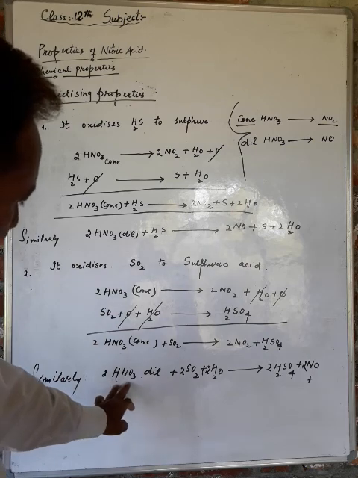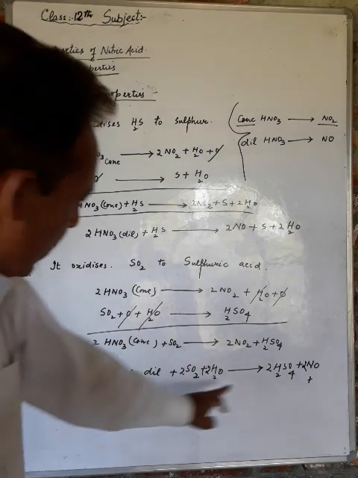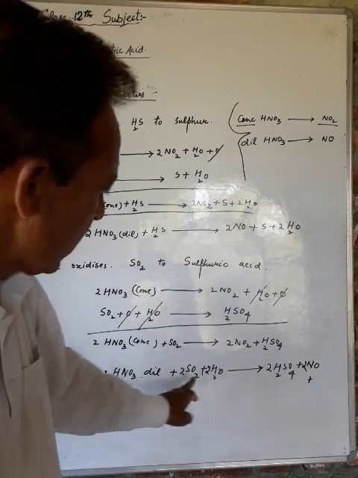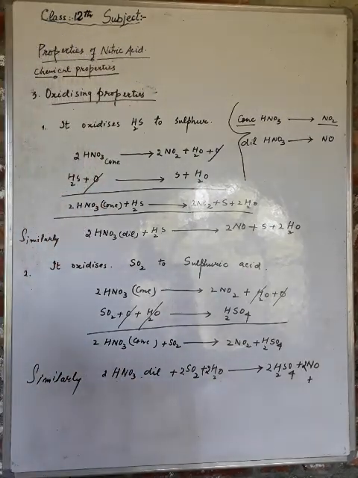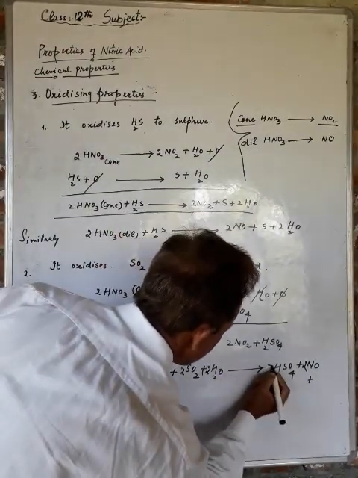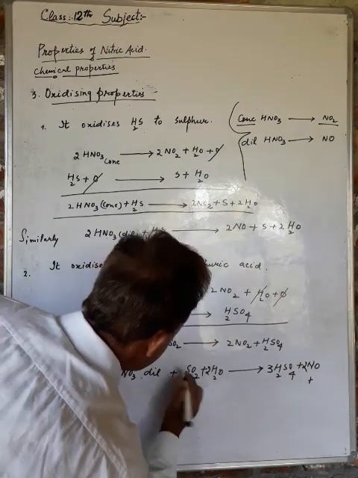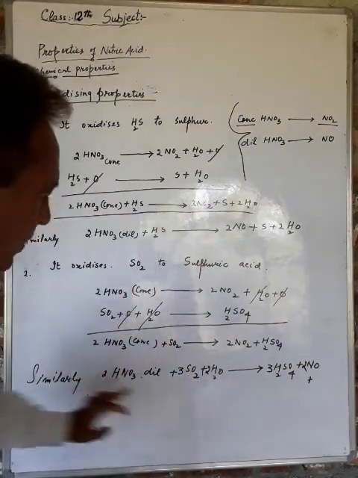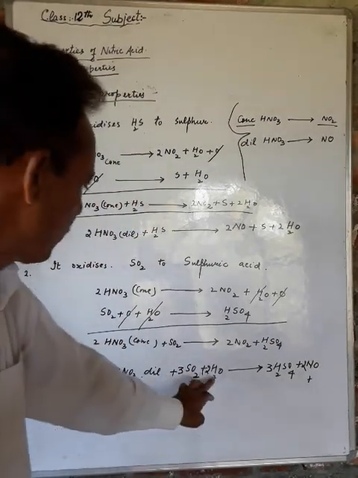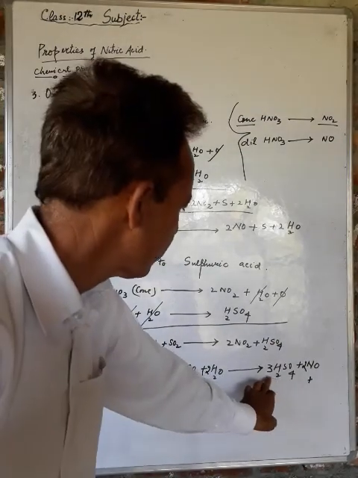Now we will see whether it is balanced. Twice HNO3, nitrogen 2, hydrogen 2, 4 and 2, 6. Hydrogen is 3 times 6, so we will take this 3 times. Sulfur, 3 times hydrogen, 2 4 2 6, 3 2s are 6.